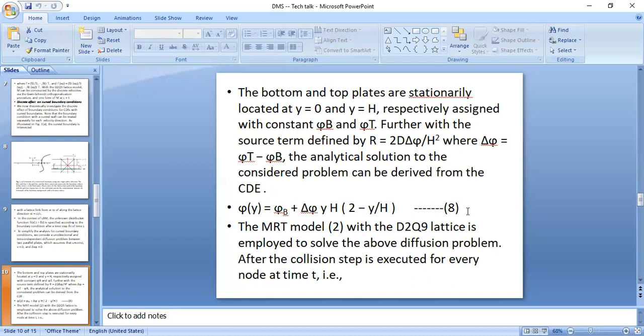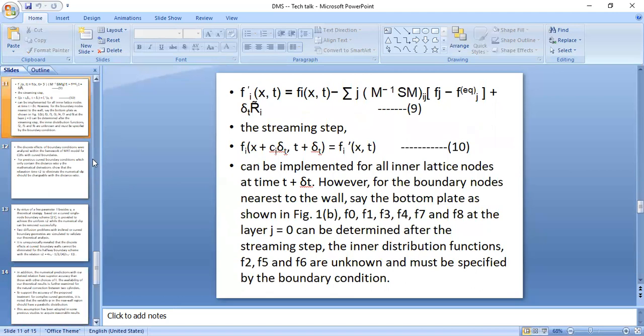The MRT model of D2Q9 lattice is employed to solve the above diffusion problem. After a collision step is executed for every node at a time t, f'_i(x, t) equal to f_i(x, t) minus Σ_j (M⁻¹SM)_ij (f_j minus f_j^eq) plus Δt R_i.